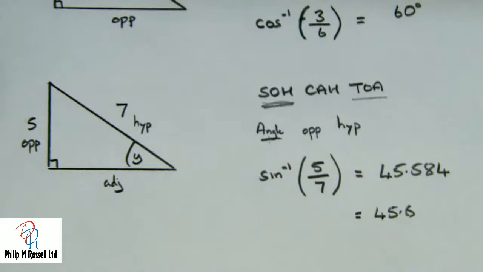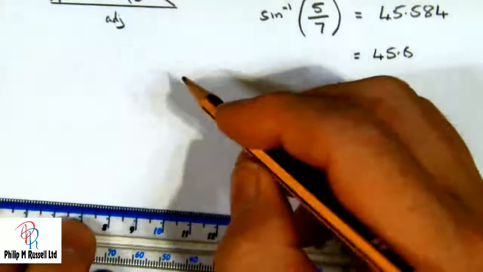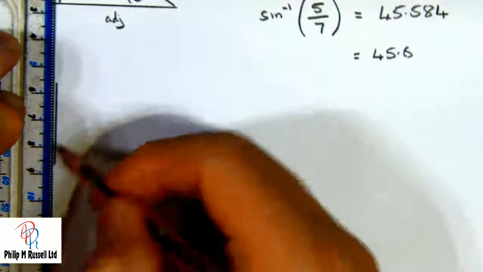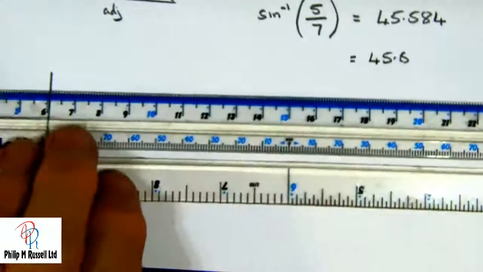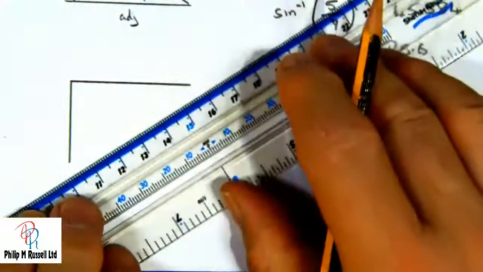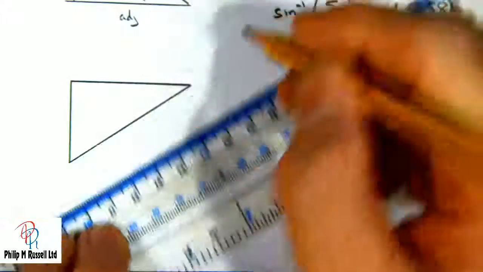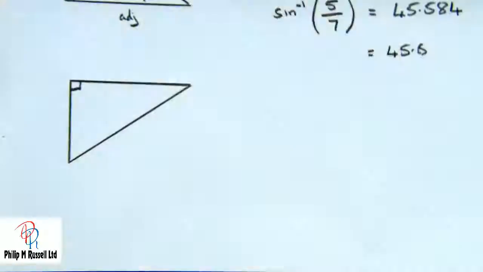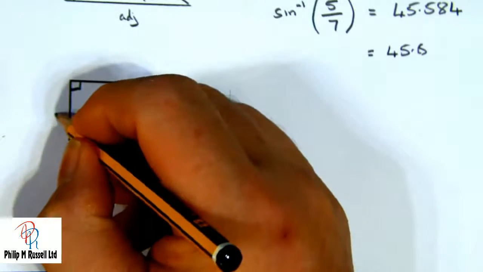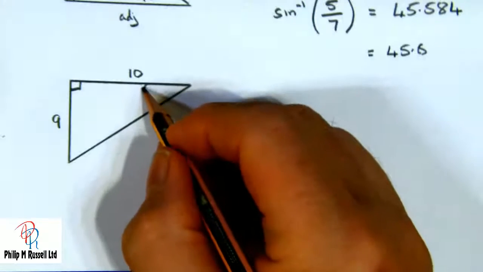The one that I haven't done is the tangent, so let's just look at that one for completeness' sake. I've got a right angle and we've got a couple of sides. Let's have 9 and 10, and I've got an angle.